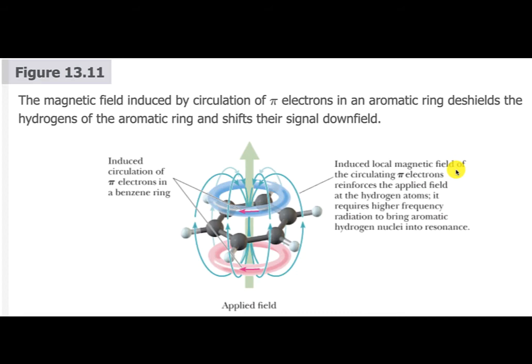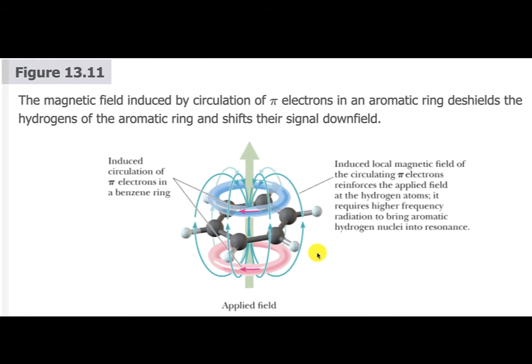So you are actually moving up in energy, and that causes a de-shielding effect of these protons. And just remember that the higher the ppm value, the higher the energy, and the more de-shielding that you have around that particular nucleus. So due to this effect, this is the induced magnetic field effect.